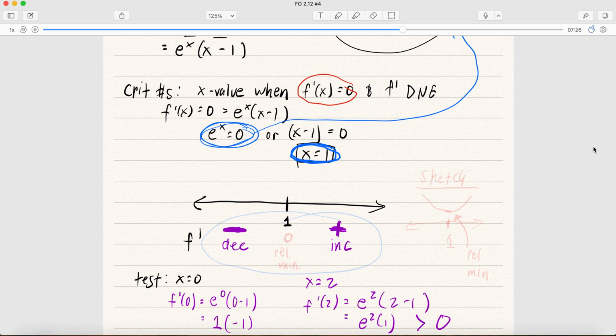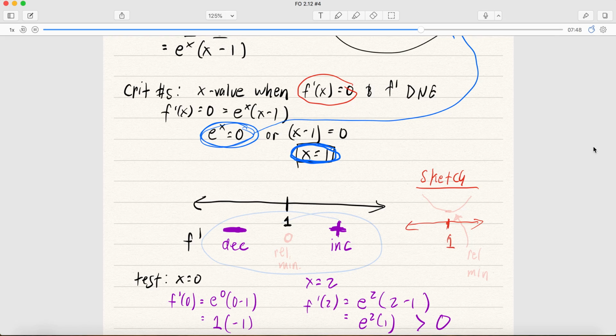And the answer is, well, I always ask you why. What's the reason? So if we were to draw a little sketch of what the function might look like, here's my sketch, and here's 1.